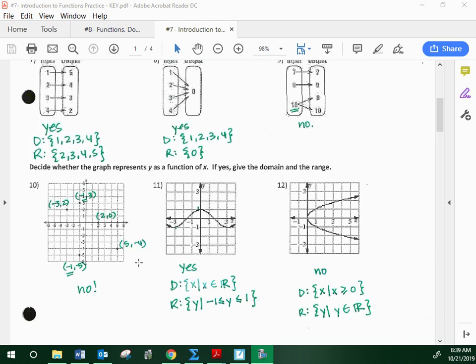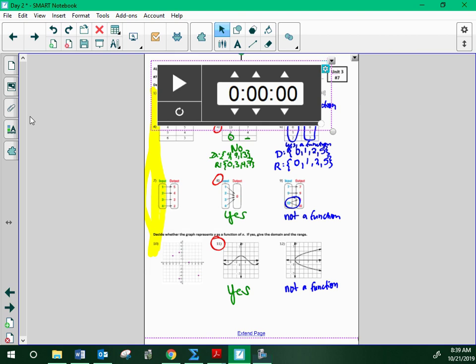Okay, any questions with that? All right. So let's go and take a look at, I think there might be one more page.